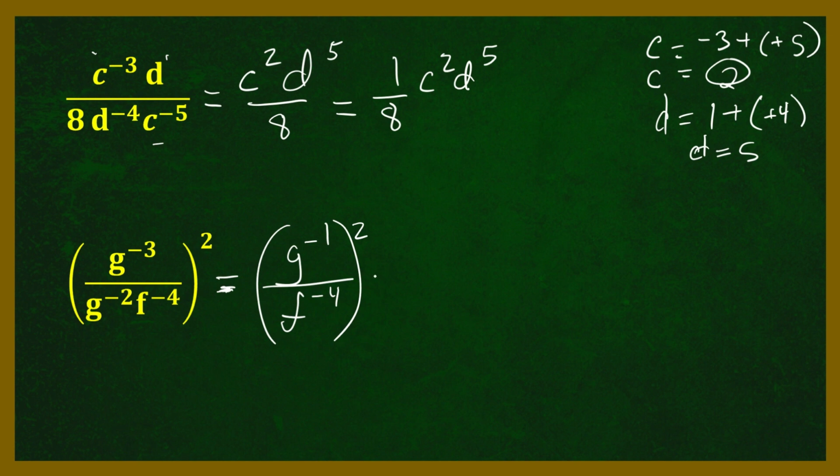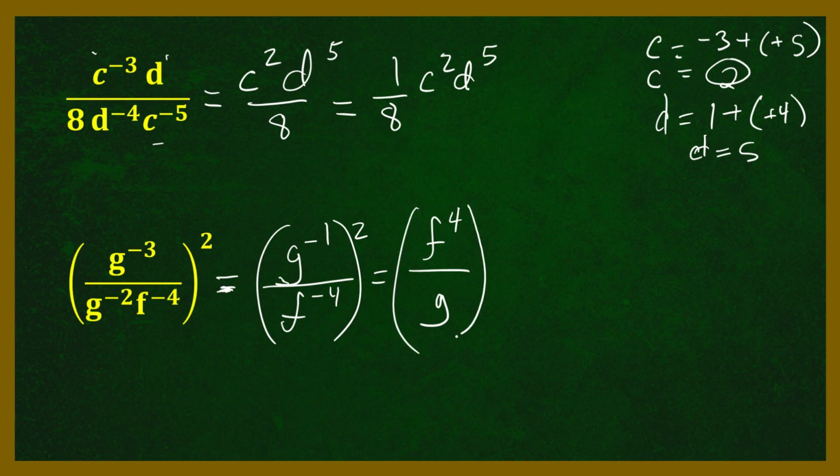Okay, so now we can use the negative exponent rule, and we are going to find the reciprocal of each term. So the reciprocal of G to the negative first power is 1 over G, and the reciprocal of F to the negative fourth power is F to the fourth power. So basically our terms flip. Our F goes to the numerator and our G goes to the denominator.